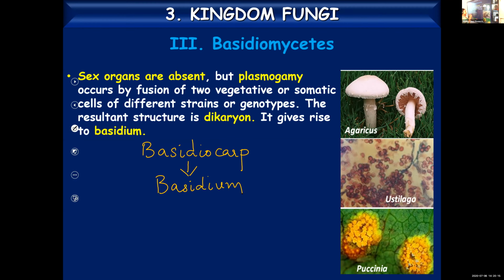So basidium will be arranged on basidiocarp, and inside the basidium, what happens? Meiotic division or reduction division will happen, and 4 basidiospores will be produced in each. Ascocarp, ascus, ascospores. Similar to that here, basidiocarp, basidium, basidiospores. Basidium is N plus N. Shall I remove it? I'll erase it.